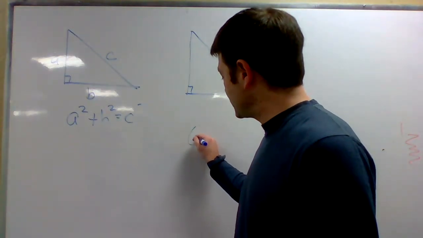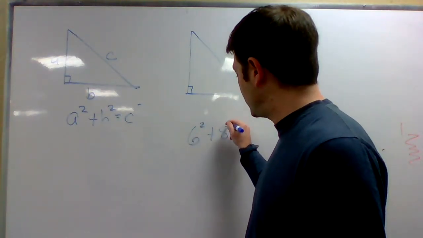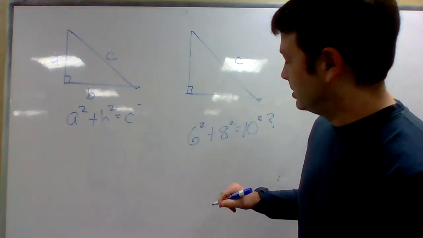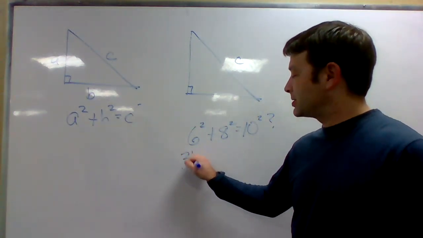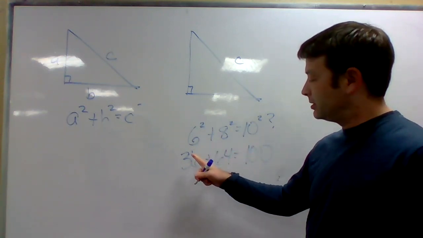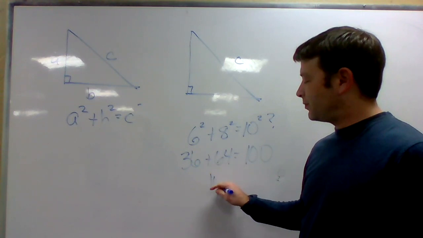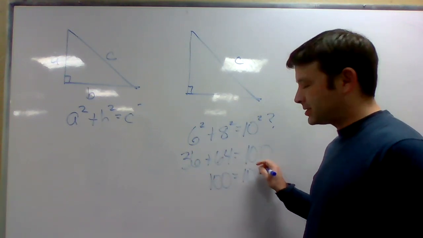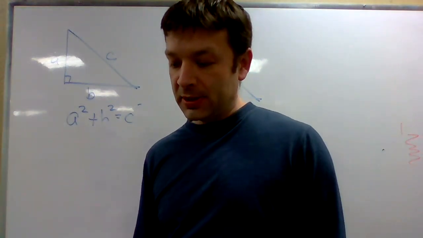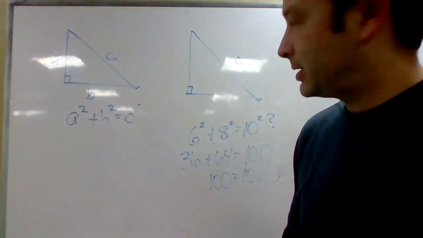So basically we're asking, does 6 squared plus 8 squared equal 10 squared? Okay, 6 squared is 36, 8 squared is 64, 10 squared is 100, 36 plus 64 is 100. That's a true statement, therefore it is a right triangle. Number 13 is yes.